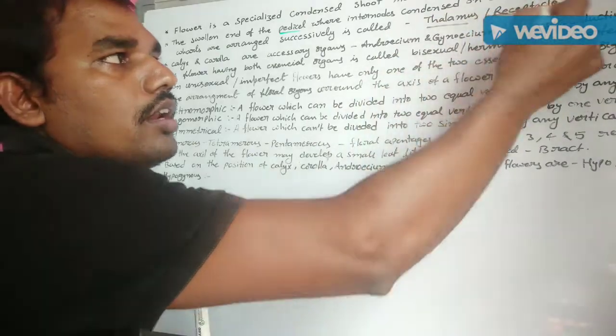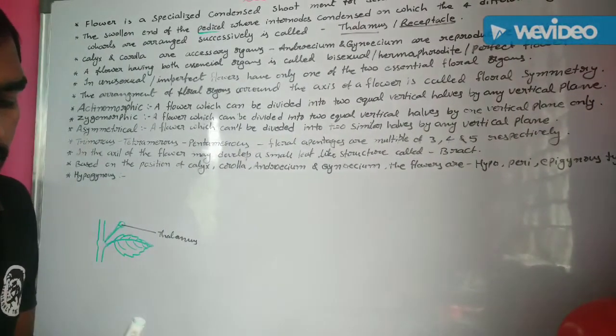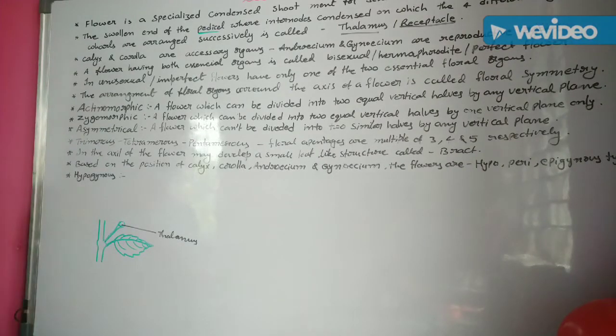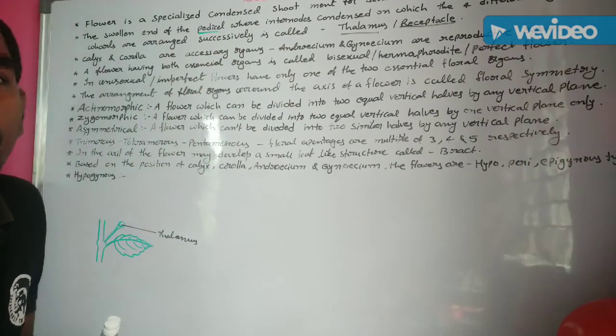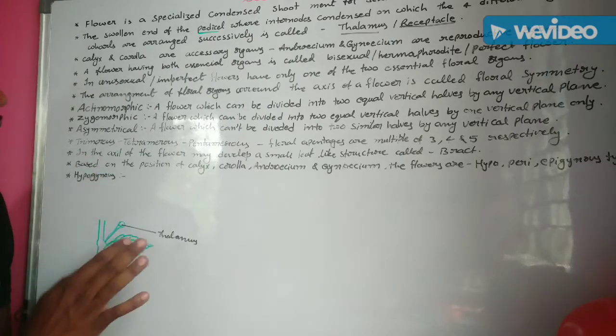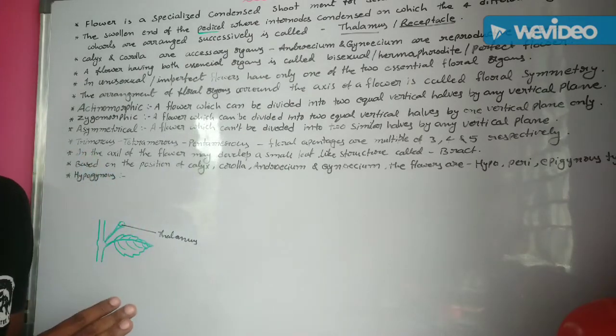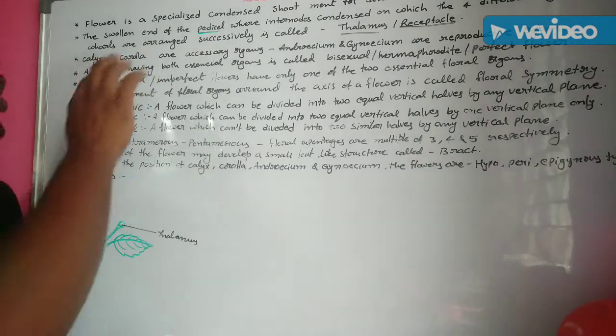On this thalamus, the calyx, corolla, androecium, and gynoecium are arranged, in a whorled manner, successively.